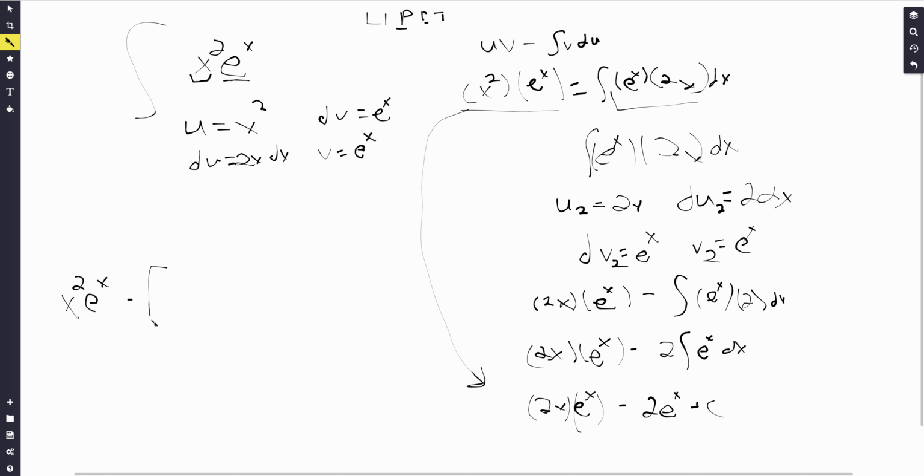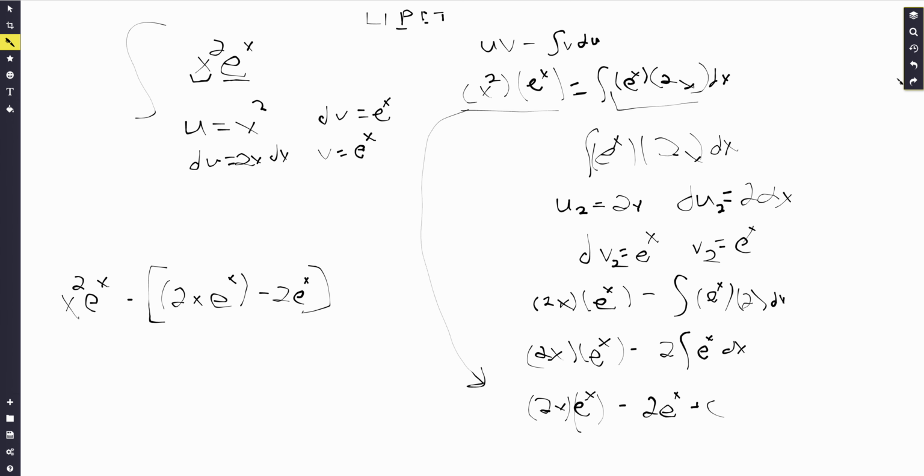Minus, and I'll just do brackets here to make it more clear, 2x e to the x minus 2e to the x, and then plus c. Oh, let me rewrite that better. Plus c.